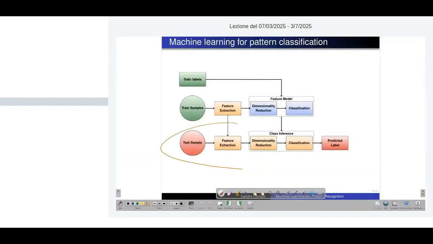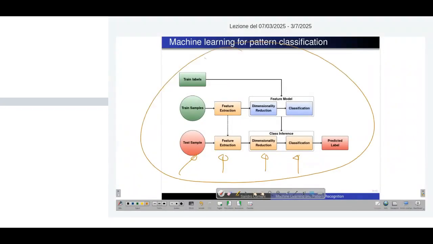So we have seen the parts that we will need to do to perform classification. Actually, from what we said yesterday, the whole picture that I started showing yesterday, where we took a test sample, extracted features, performed dimensionality reduction, and then classified it to compute a predicted label, would look more like something like this.